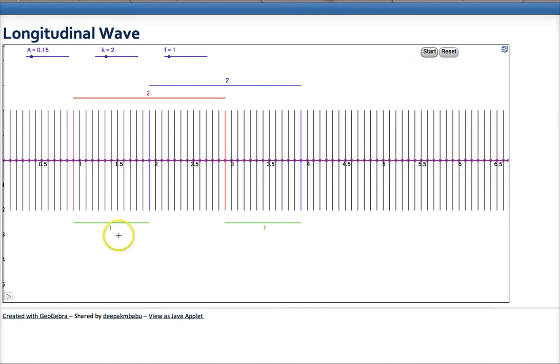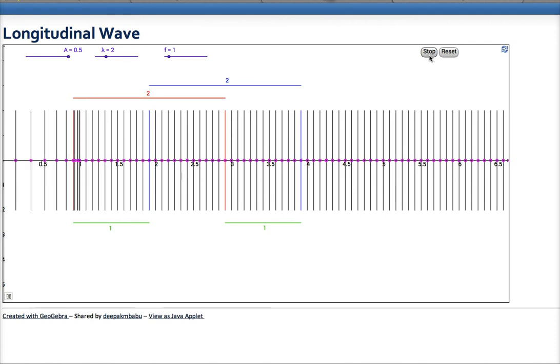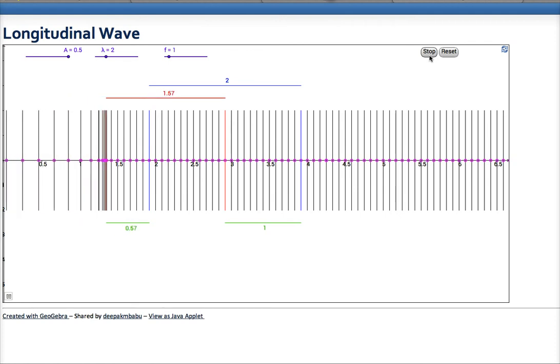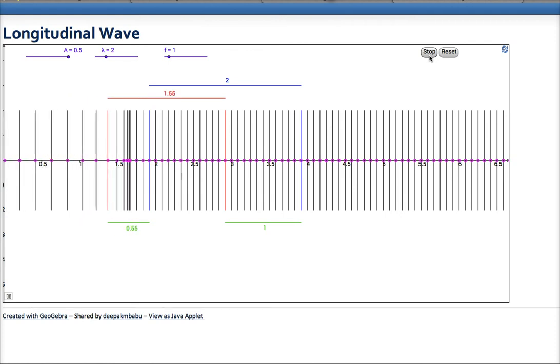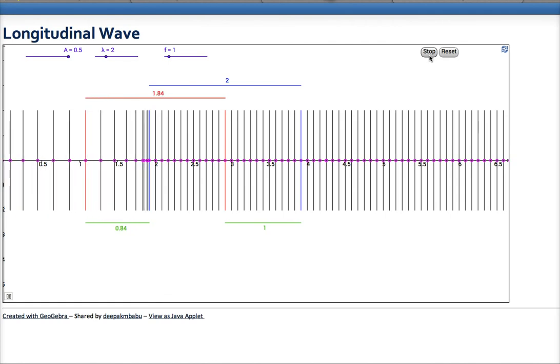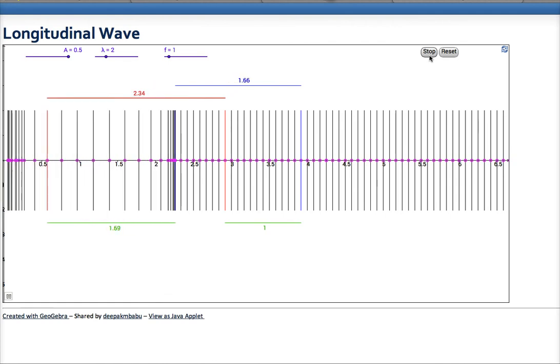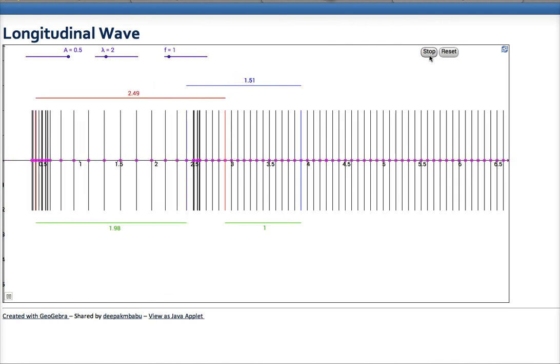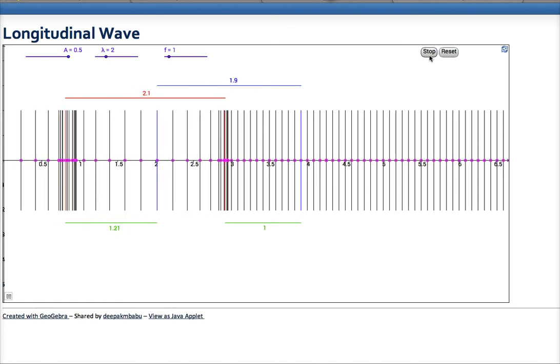Okay, stop, reset. I'm now going to change the amplitude to 0.5 meters and see what happens now. Here we go. Can you see a lot more bunching up now? The compression is a lot more, and the rarefaction is a lot more open as well.